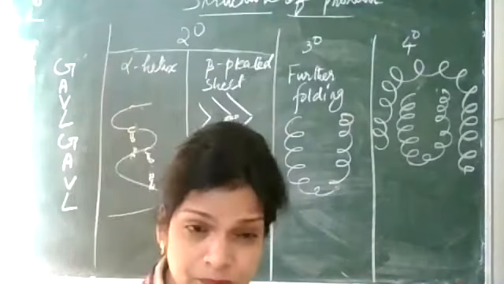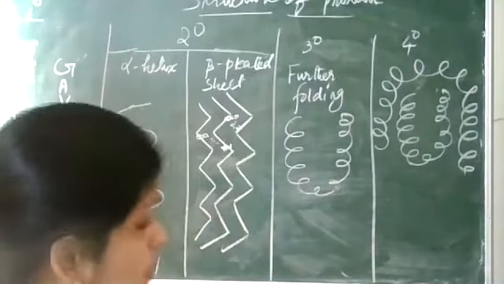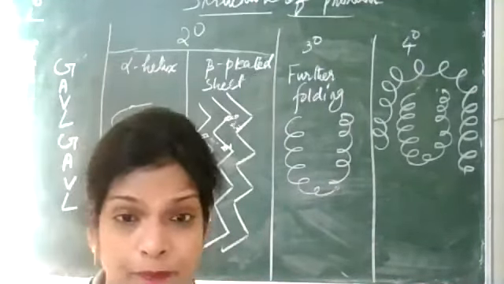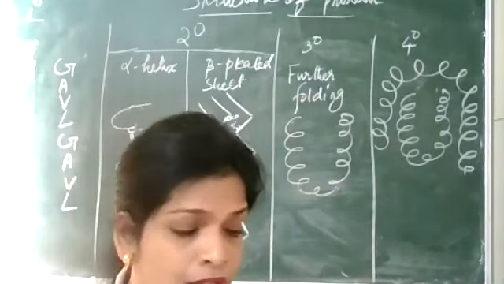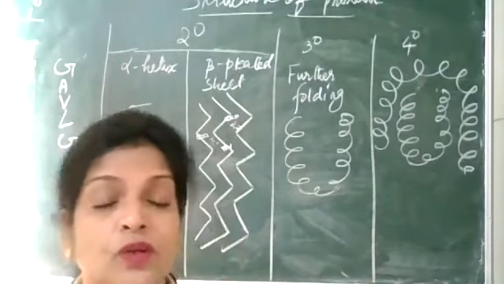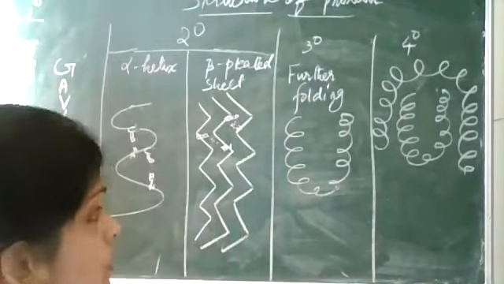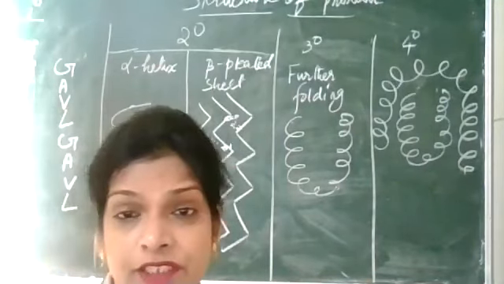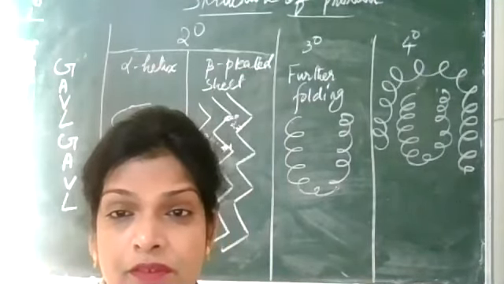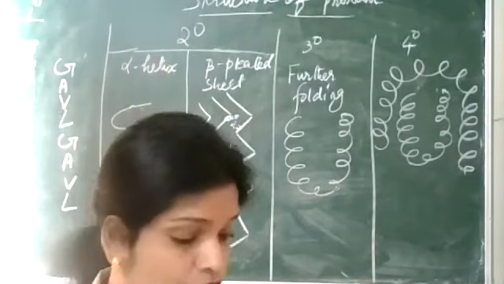That is a protein structure composed of two or more polypeptide chains. See, one polypeptide chain, another polypeptide chain. That is called quaternary structure.